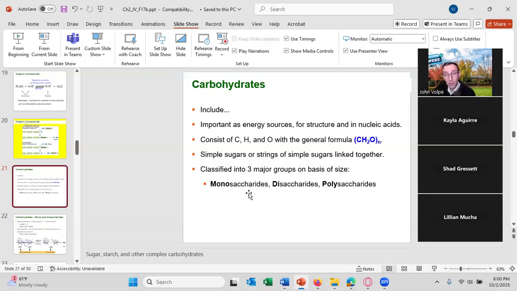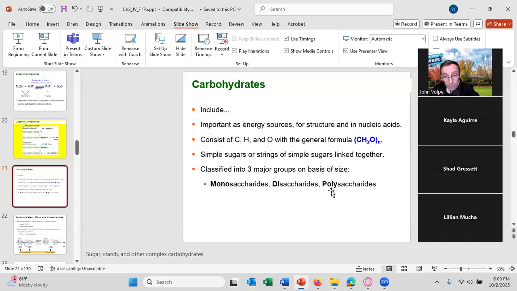A carbohydrate composed of two monomers is a disaccharide. An example is table sugar, also called sucrose, maltose, and lactose, the sugar in milk. Those are all disaccharides.